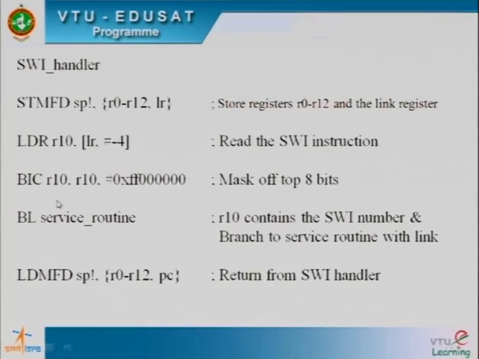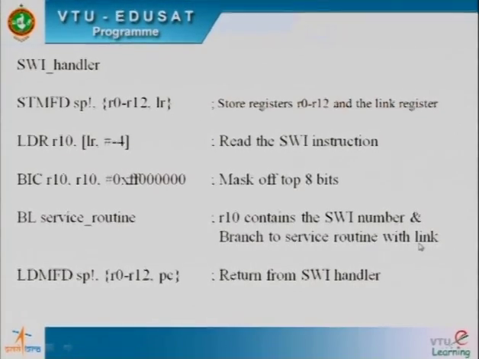Once this is masked off, the remaining bits give us the value of the SWI number. With the help of that number, BL service routine, branch with link, the service routine for this interrupt is called. The point to remember is R10 contains the SWI number and branch to the service routine with link happens.